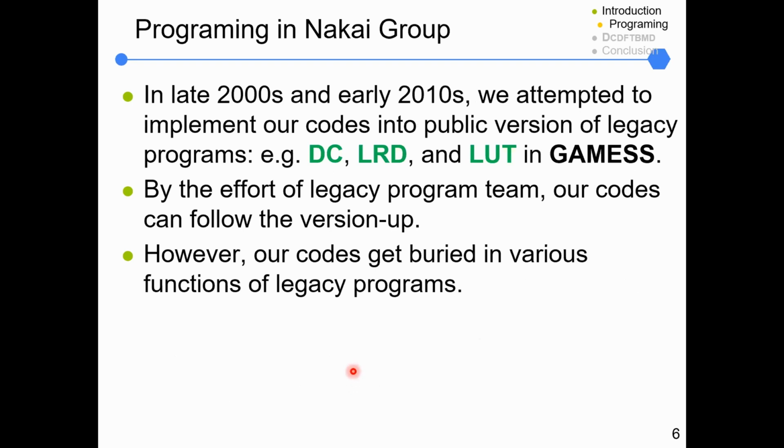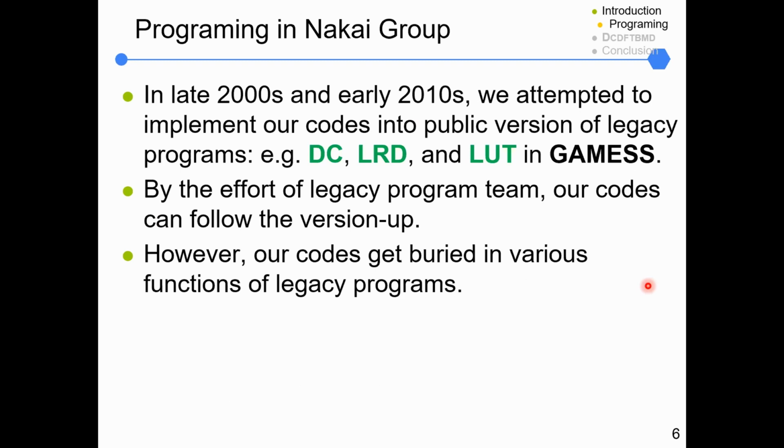So in the late 2000s and early 2010s, we attempted to implement our code into the public version of legacy programs: DC and LRD, local response dispersion, and LUT in GAMESS. By the effort of the legacy program team, our code can follow the version up. However, our codes get varied in various functions of the legacy program.